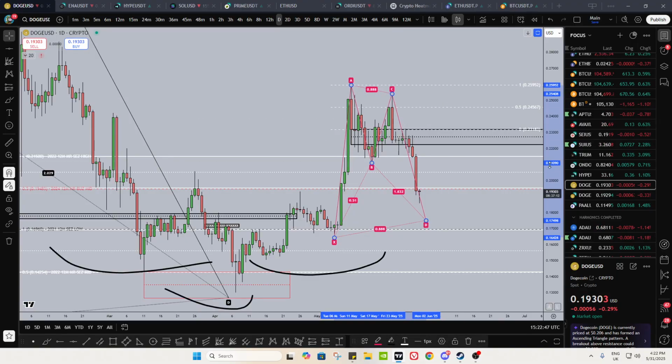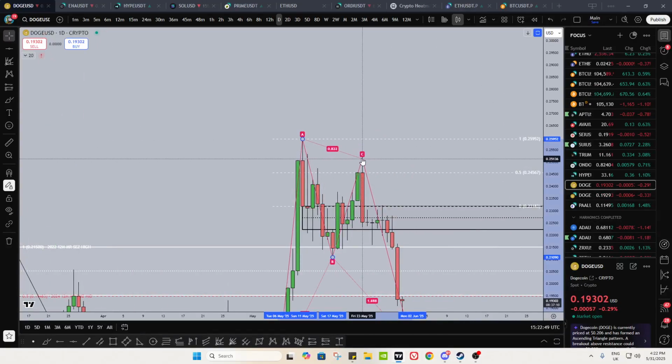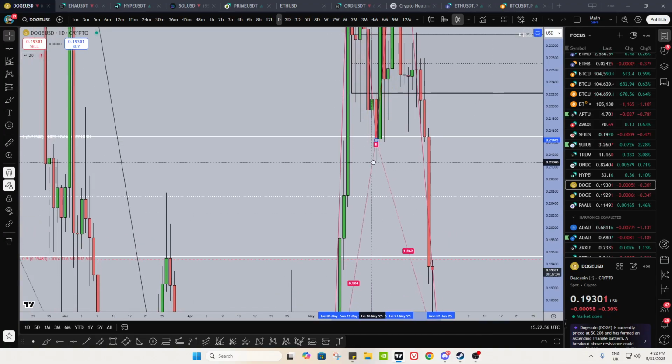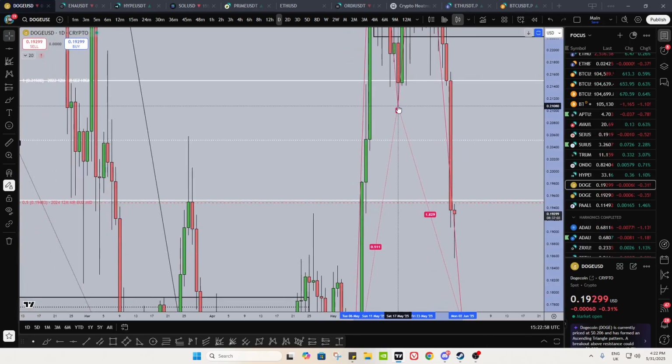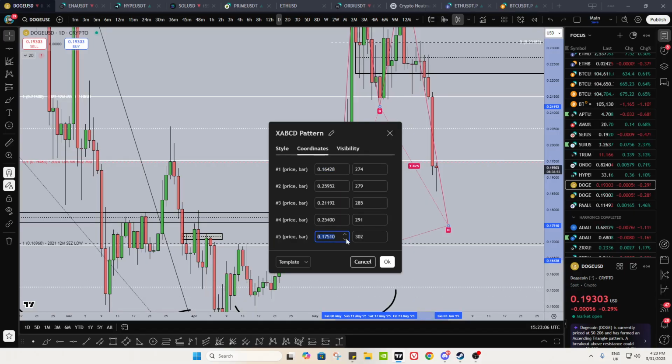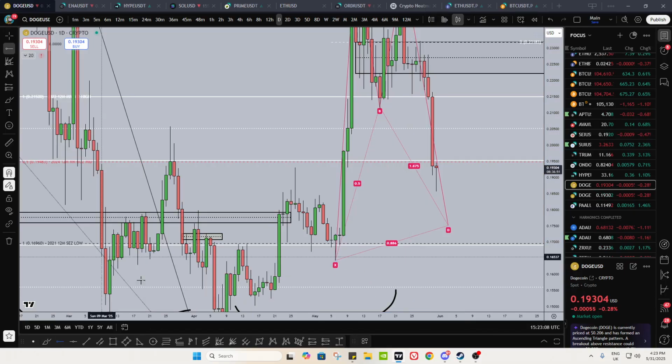If the market decides we're not going to get it, it's what it is. So your first reactions you're going to be looking for are going to be here. Let's go for the 0.5. Here we go. And the 886 is going to be there. 0.17510.